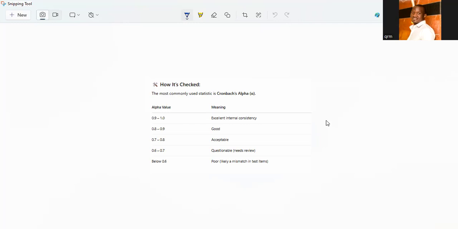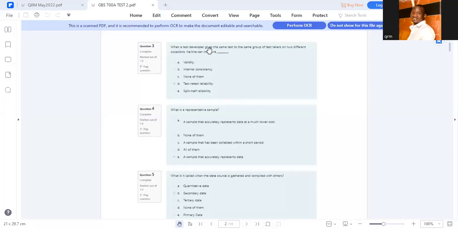And below 0.6, it means the questions could have been poorly matched. Right? So when a test developer gives the same test results on different occasions, he or she will measure what? The test-retest reliability. Okay.